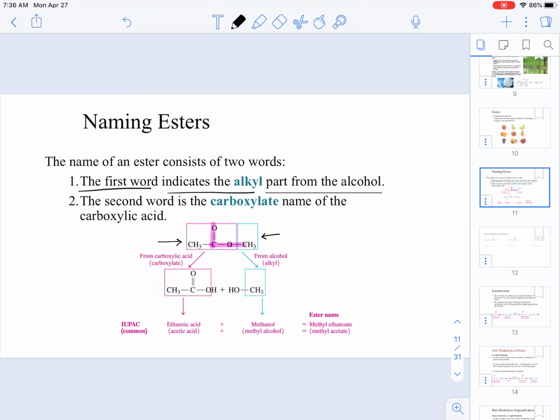As you can see in the slides, they're made from carboxylic acids and alcohols. When writing the second word, understand that the ending of an ester is O-A-T-E for the portion that comes from the carboxylate. So in order to study this in more detail, let's go over naming problems.